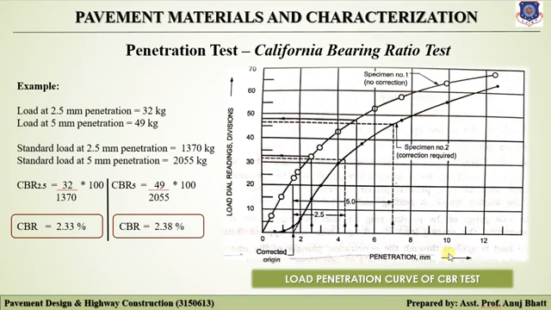If we recall the penetration test procedure, the load is applied through the penetration plunger at a uniform rate of 1.25 mm per minute, and to be very specific, the load readings are recorded at penetration readings of 0.5, 1, 1.5, 2, 2.5, 3, 4, 5, 7.5, 10 and 12.5 mm.